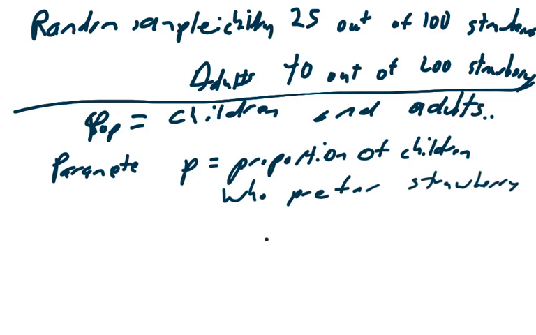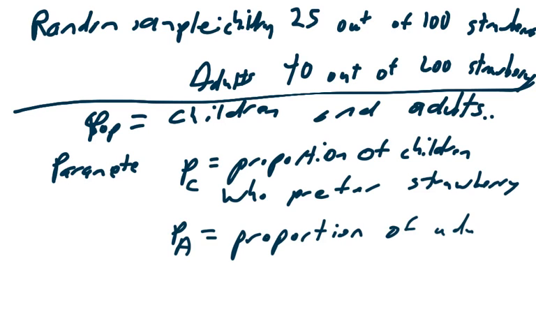And of course, I need to go back and put this down as P of C. And P of A is the proportion of adults who prefer strawberry.